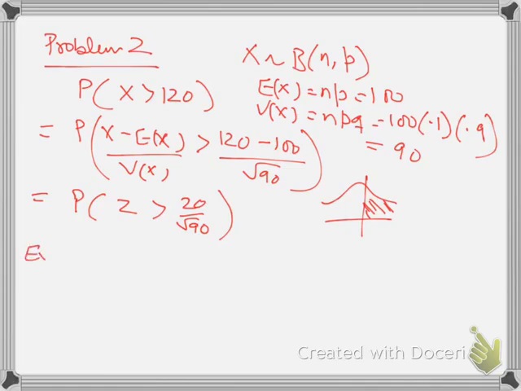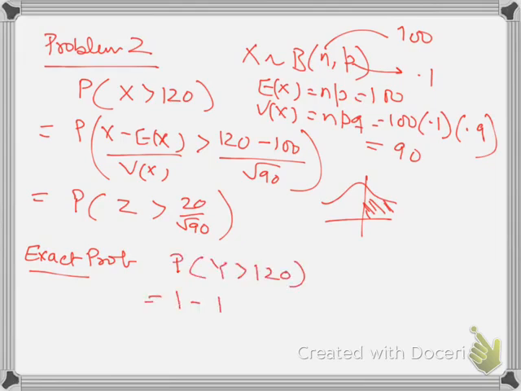The other way is finding the exact probability. So if I have to find the exact probability, Y is binomial, n is 1000 and p is 0.1. Sorry, n is 1000, otherwise how is that possible, right? It should be very close because the number of trials is pretty large. So it's the probability of Y greater than 120, which is 1 minus the probability of Y less than or equal to 120.